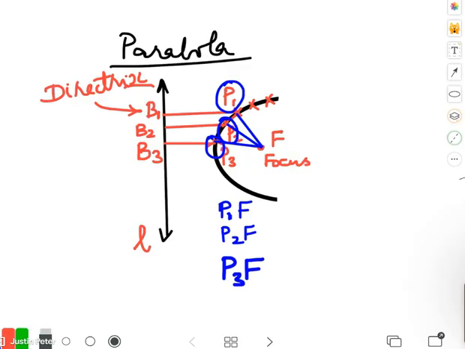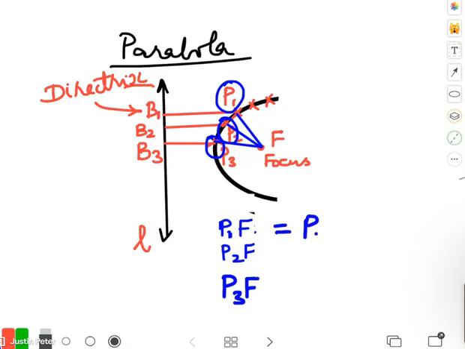So for a parabola, the path of all these points are there, right? These distances would be equal to the distance of the point from a fixed line.